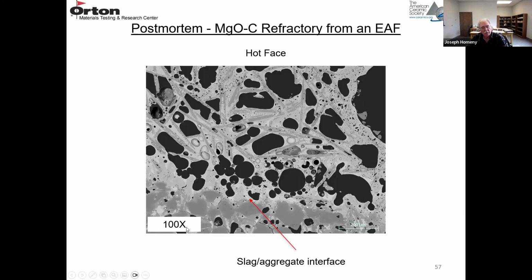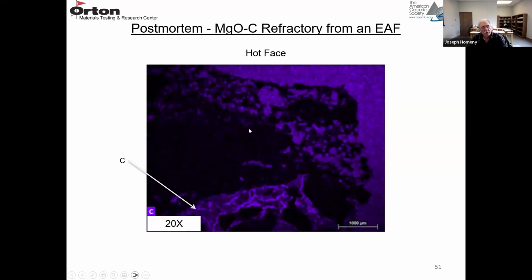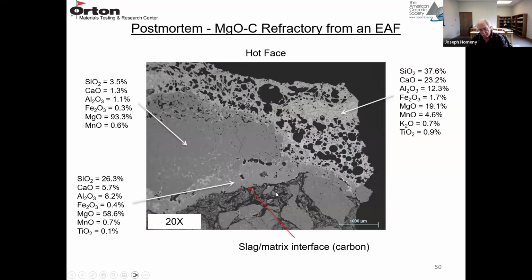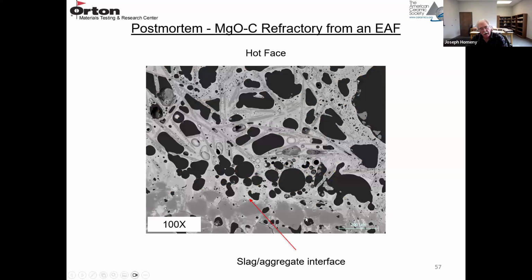If we go to 100x, this is the slag, and this is the region right here where the slag is in contact with the coarse MgO crystal or aggregate composed of MgO crystals. So the slag cools down. There's needle-like crystals.